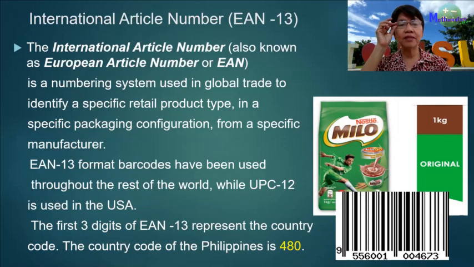EAN 13 format barcodes have been used throughout the rest of the world, while UPC 12 is used in the USA. The first 3 digits of EAN 13 represent the country code. The country code of the Philippines is 480. So if you look at the product and you want to find out if it is imported or not, you look at the first 3 numbers in the EAN code. 480 is from the Philippines.